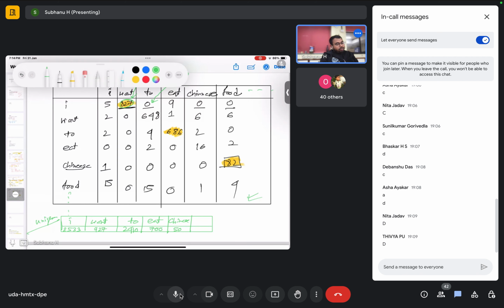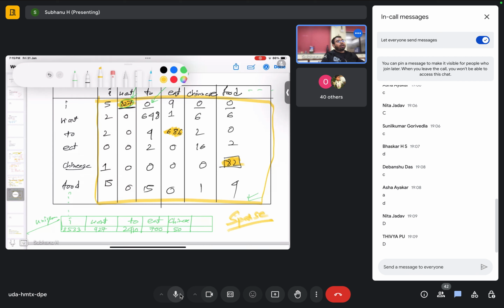In this matrix, most of the entries are zero. If most of the entries are zeros, then you can call it a sparse matrix. If it is a sparse matrix, then there is a problem in some situations.